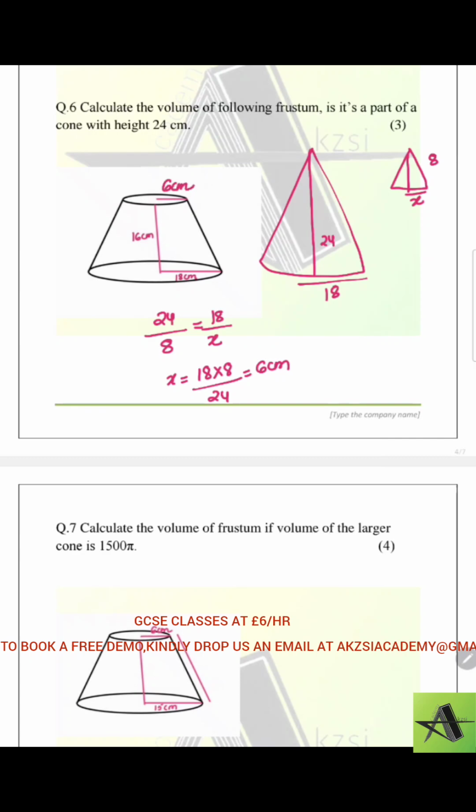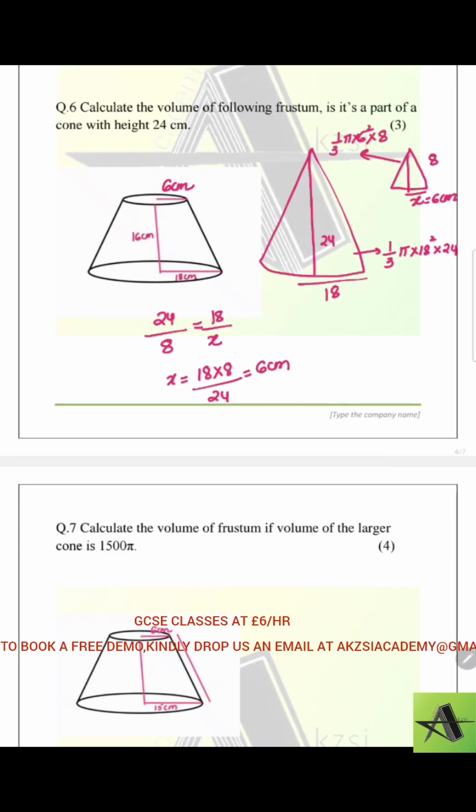Now we have to calculate the volume of the bigger cone and the volume of the smaller cone. Volume of the bigger cone is 1/3 π times r², which is 18 squared, times h, that is 24. And for the smaller cone, we just calculated the radius as 6 centimeters. So this would be 1/3 π times r², which is 6 squared, times h, that is 8.